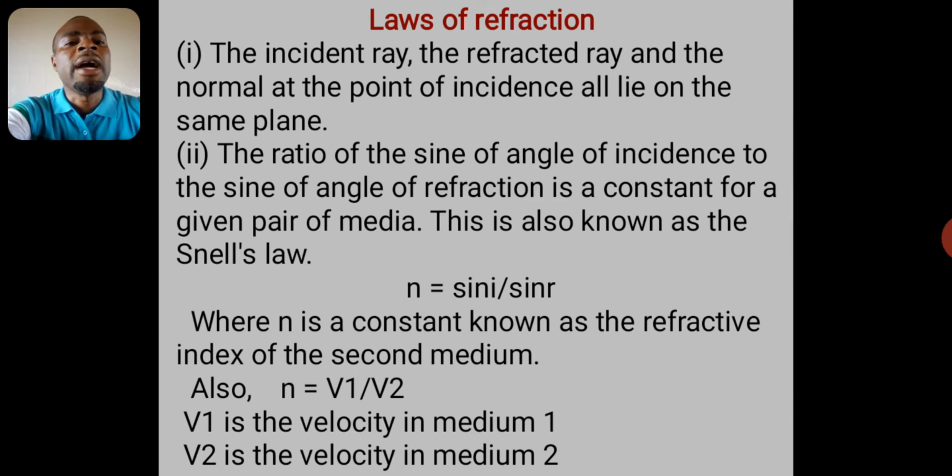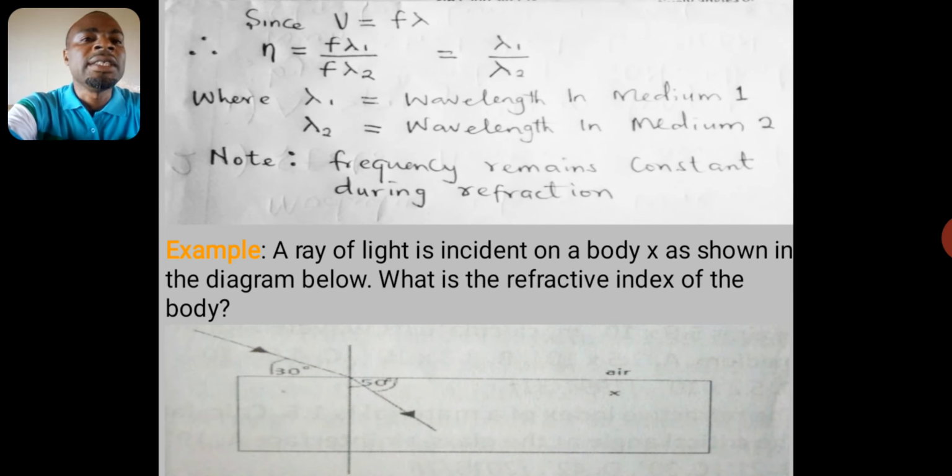If we go further, from what we have studied, we know that v is equal to f lambda. Our velocity is given by frequency multiplied by wavelength. The lambda there is wavelength.